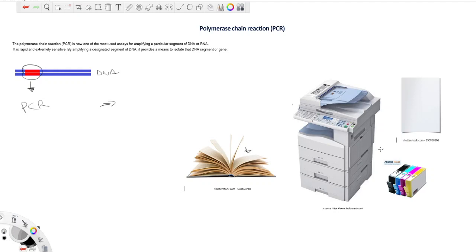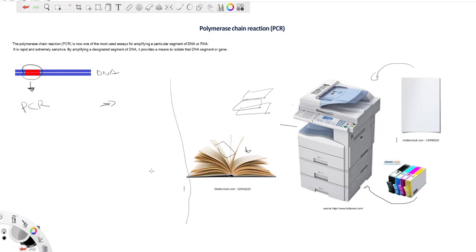You put it in a machine, which is known as the photocopy machine, you're going to put some inks there and some blank papers as well as your book, and you present the page or the section of which you want to make more copies, and depending on what you choose, somewhere here in the output, you are going to have multiple copies of that same region.